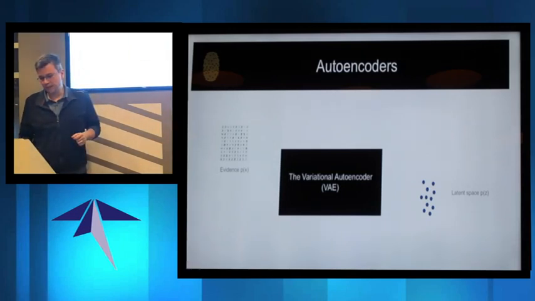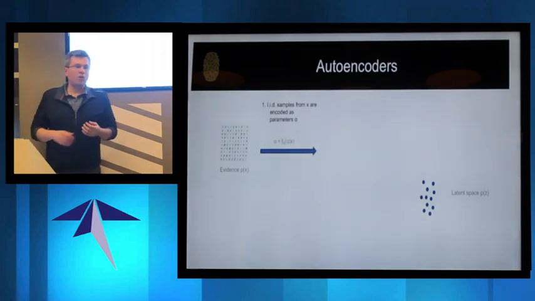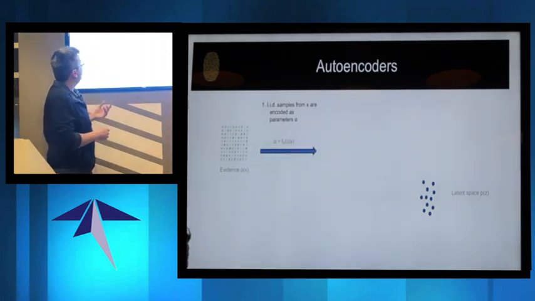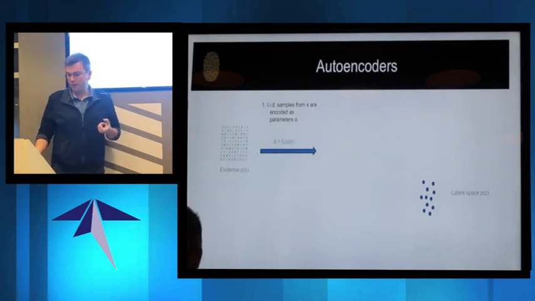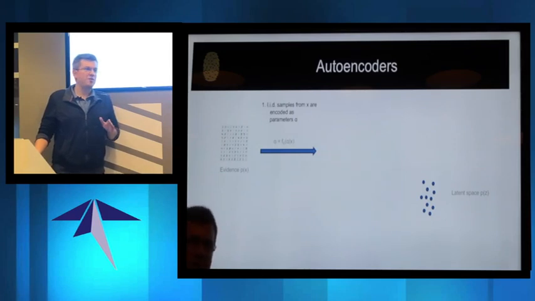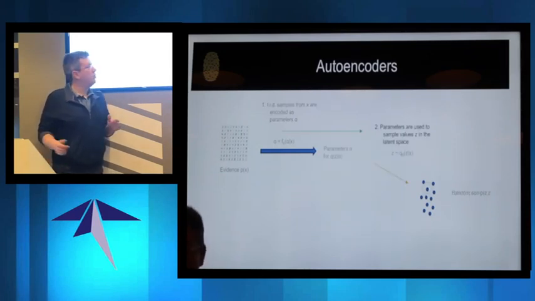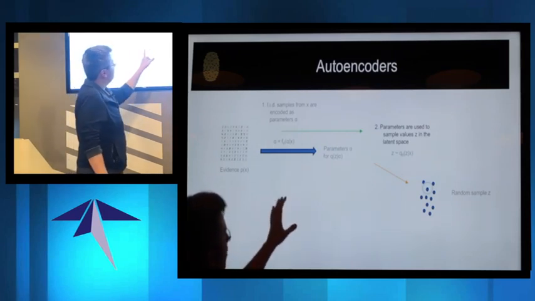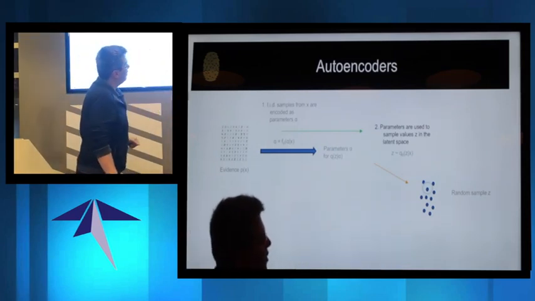It's a little bit more complicated. What we do is we sample from the distribution, from the original distribution of evidence, and instead of predicting the latent space directly, we predict the parameters of another distribution, and then we use those to sample again. This essentially constricts the information at this area because we are adding noise.